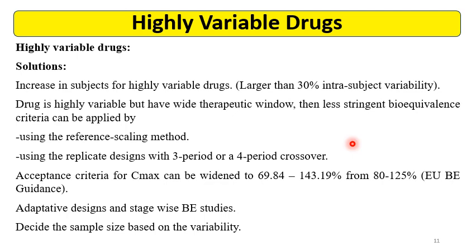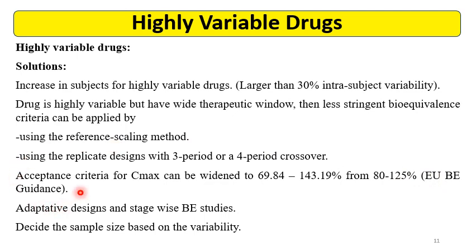But when applying this reference scaling and replicate designs, the drug may be highly variable, but it should not have a very narrow therapeutic window. The acceptance criteria for Cmax can be widened to 69.84 to 143.19 from 80 to 125, and this is taken from the Europe BE guidance.